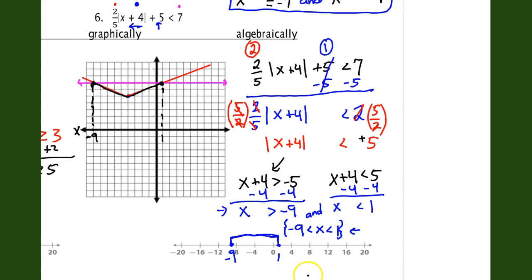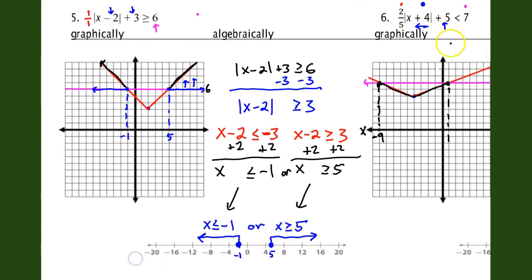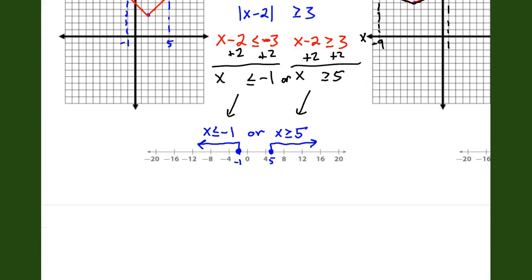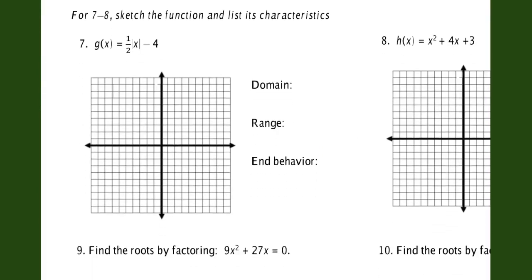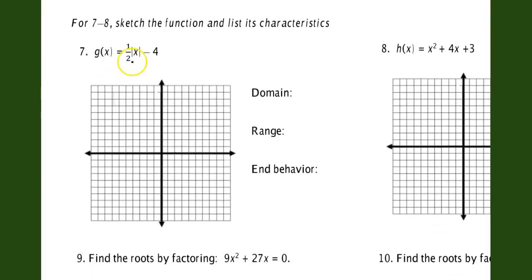All right, let's move on to number 7. Still absolute value, but we're going to be talking about domain, range, and end behavior. All right, so let's graph this. We have, let's see, no left or right translation, but we have a vertical translation of 4.